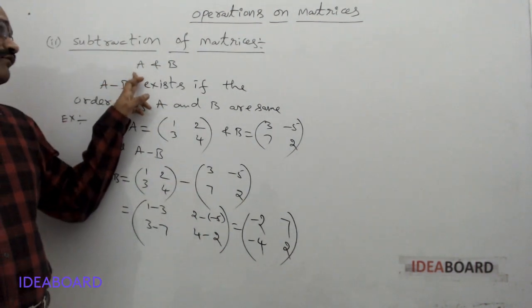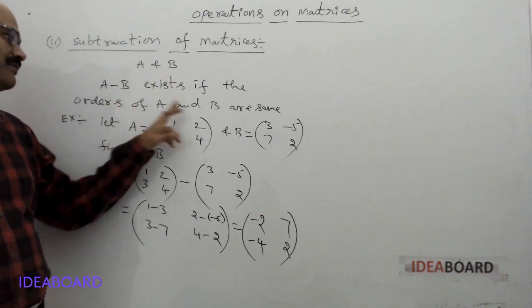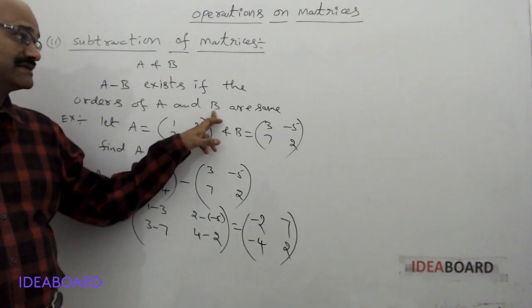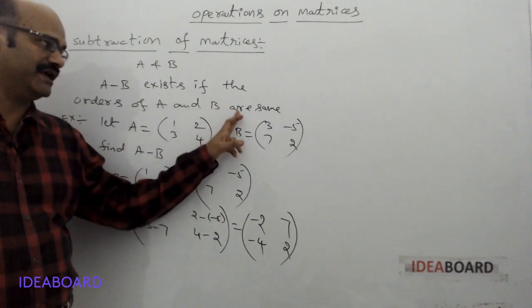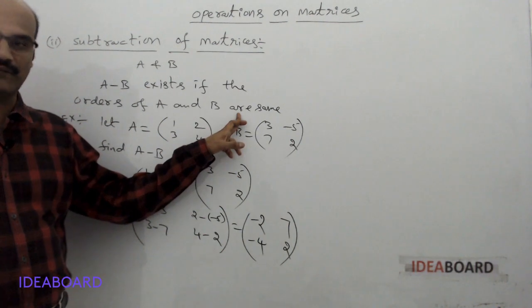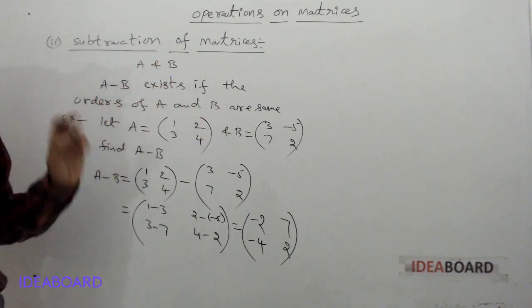So whenever you want to find subtraction of matrices, we have to verify whether the orders of A and B are same or not. If the orders of A and B are same, then only we can find subtraction of the matrix B from the matrix A.